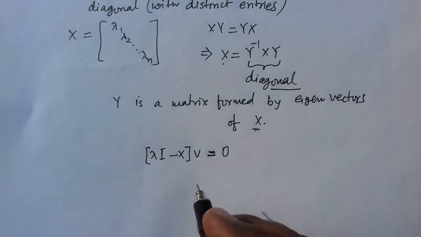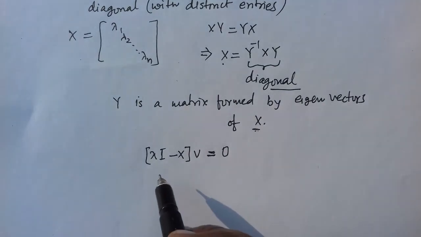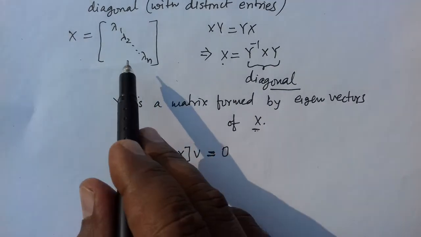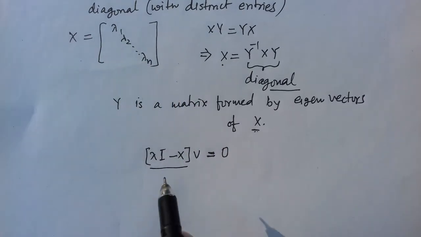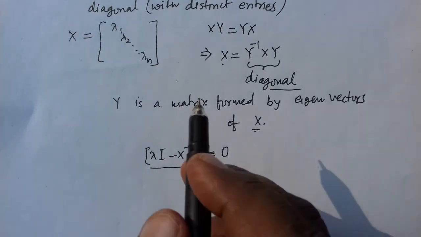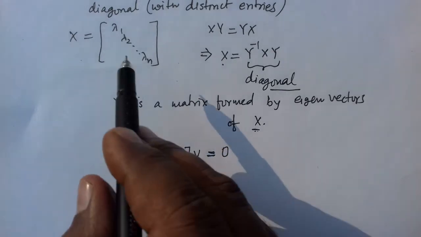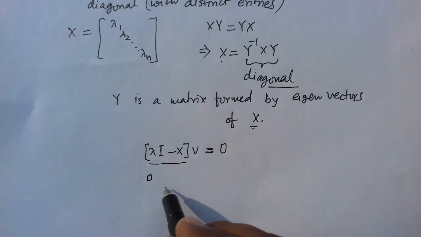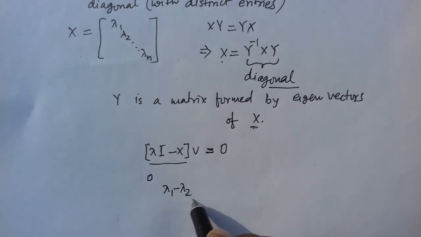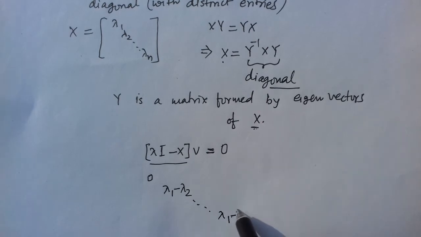Now since X is a diagonal matrix, suppose you take lambda equals lambda 1. Then this matrix will be 0, and here will be lambda 1 minus lambda 2, and so on. At the end will be lambda 1 minus lambda n.